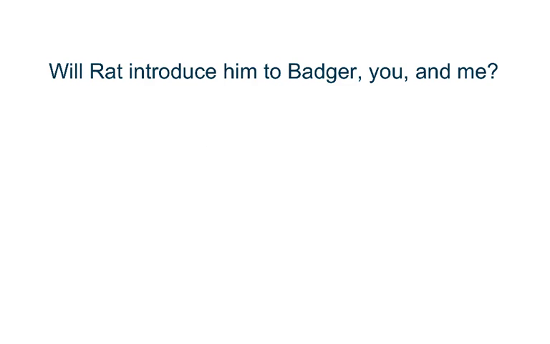Now we have a more difficult one that they tell us, so let's just diagram this one. Will Rat introduce him to Badger, you, and me? So once again, the sentence is about Rat, subject. What will Rat do? He will introduce, predicate verb. Who will he introduce? Him, direct object.